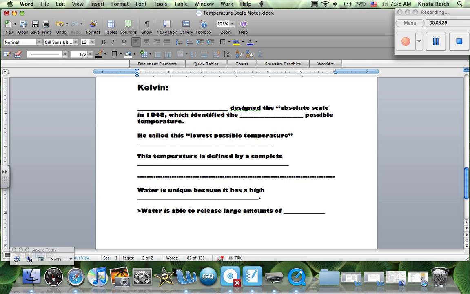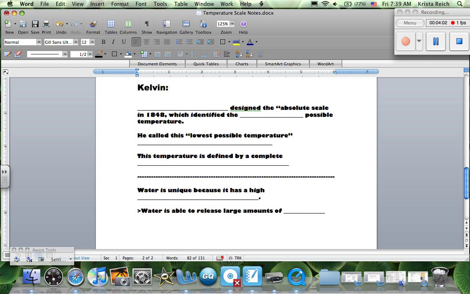He called this lowest possible temperature absolute zero, and it was defined by a complete absence of heat and motion. And the Kelvin scale starts at 0 degrees and moves up. There are no negative numbers in the Kelvin scale.